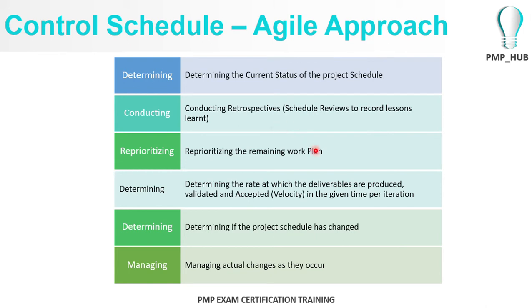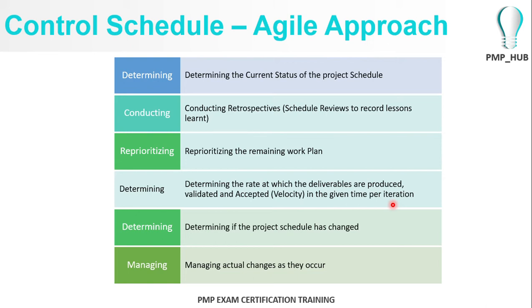After each iteration cycle, reprioritizing the remaining backlog of work, and determining the rate at which the deliverables need to be produced, validated, and accepted in a given time per iteration.